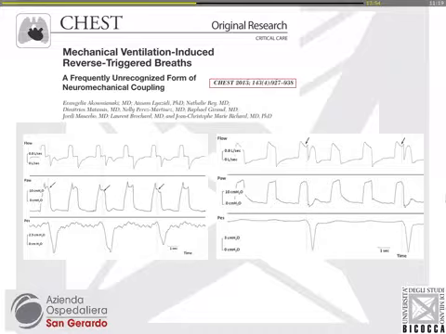And as you see, they have described that patients have a very constant pattern. In this case, it's a 1 to 2 entrainment rate, so every other mandatory breath, the patient is triggered to an inspiration. And with this phenomenon, if you change the respiratory rate on the ventilator, you will see the respiratory rate of the patient changing.